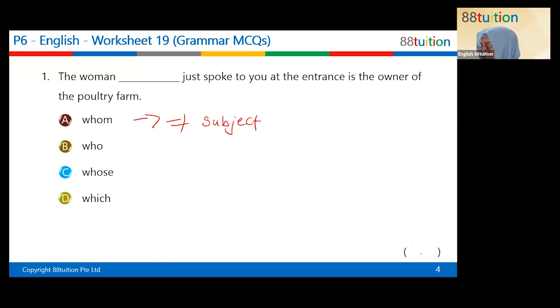So it would be B, who, because the subject here is the woman, the one who just spoke to you. I think most of you got B. This is why I showed you the video just now so that you can differentiate between who and whom. So this is question 1.